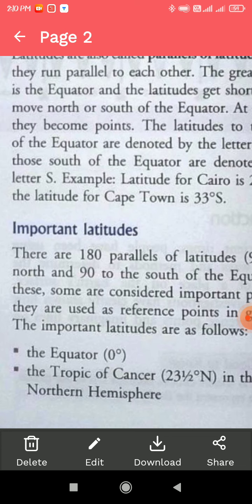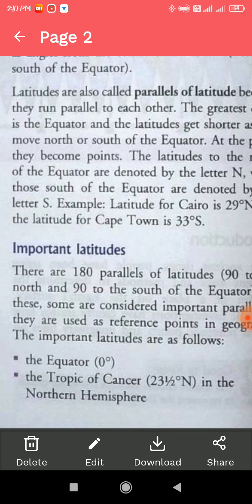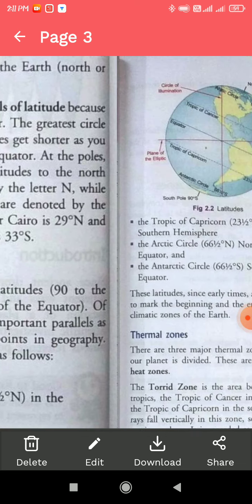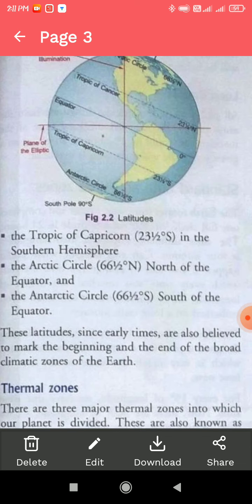The equator, that is 0 degree, the Tropic of Cancer 23.5 degrees north in the northern hemisphere, and the Tropic of Capricorn 23.5 degrees south in the southern hemisphere. The Arctic Circle 66.5 degrees north of the equator. Antarctic Circle 66.5 degrees south of the equator.